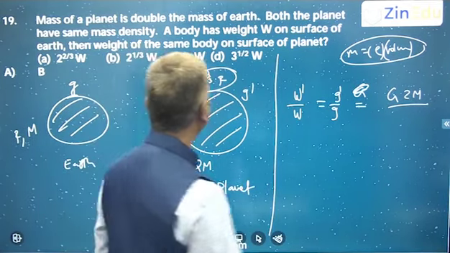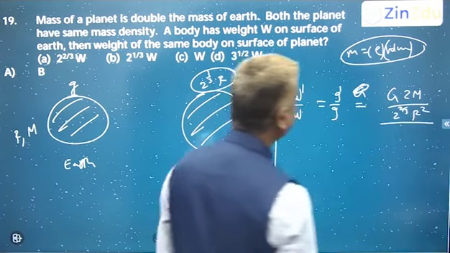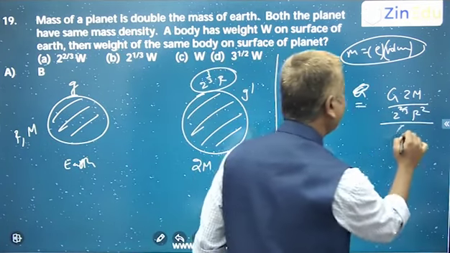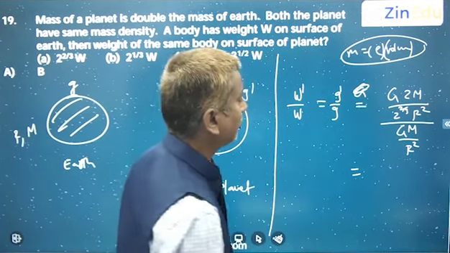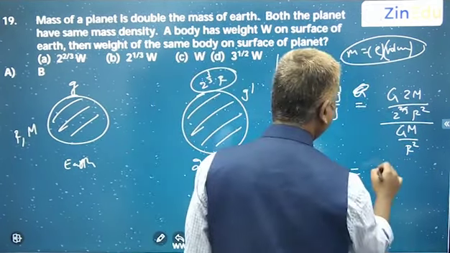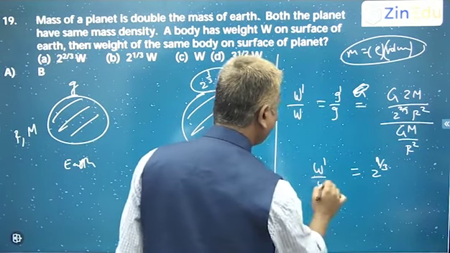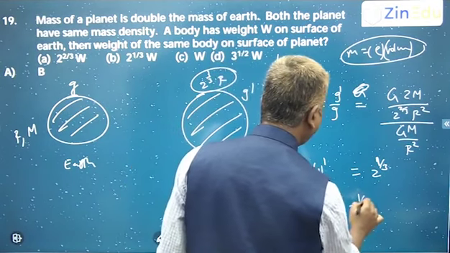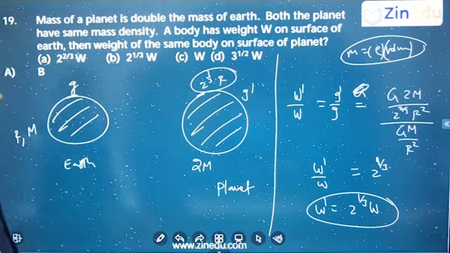So R square means 2 power 2 by 3 into R square. Gm by R square cancels. So we'll be getting finally 2 power 1 minus 2 by 3, 1 by 3. This is W dash by W. So W dash is equal to 2 power 1 by 3 times W.